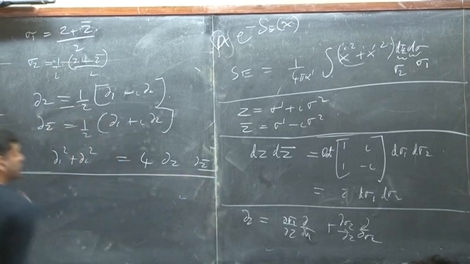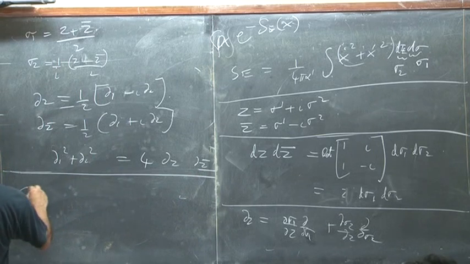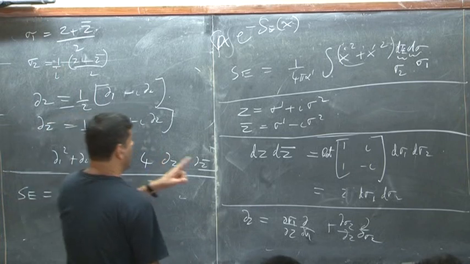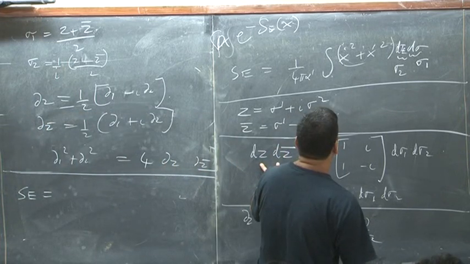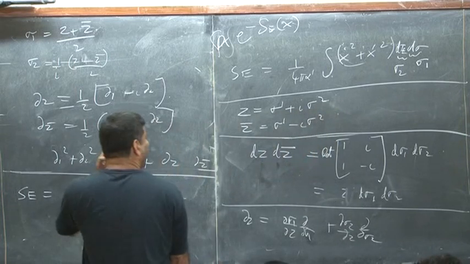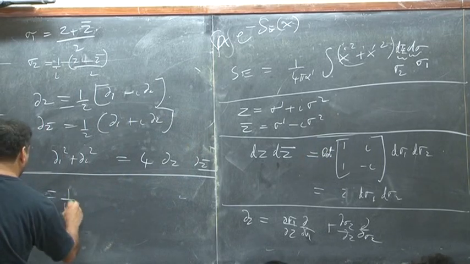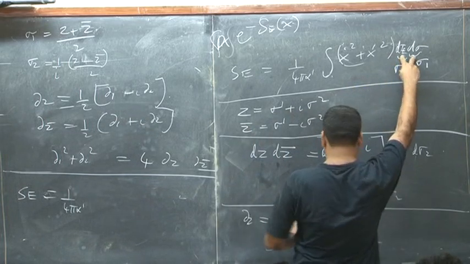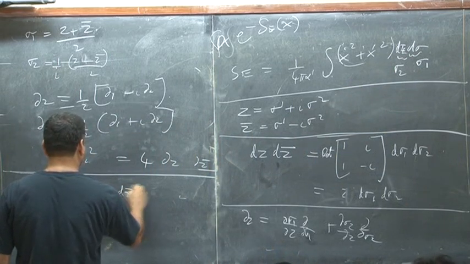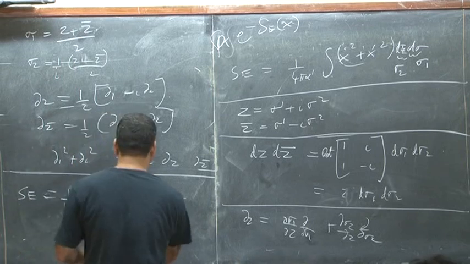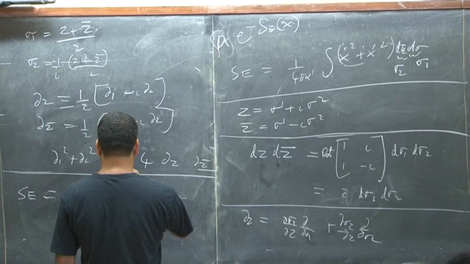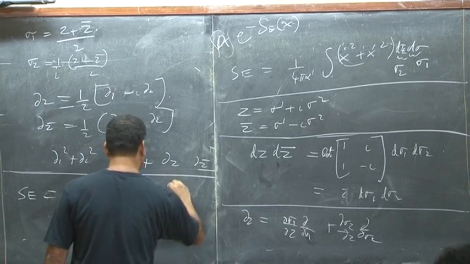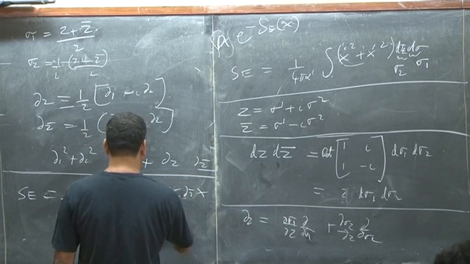And therefore, our Euclidean action SE is equal to 1 by 4 pi alpha prime times this, which gave us half d2z, and then del z x, del z bar x into 4.